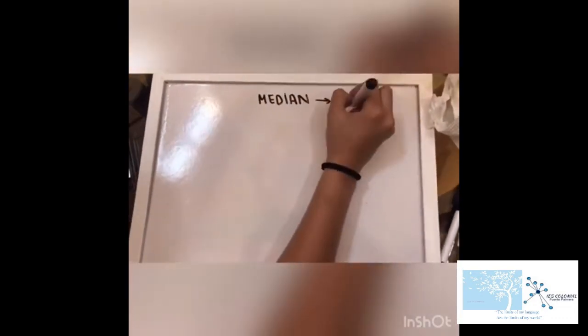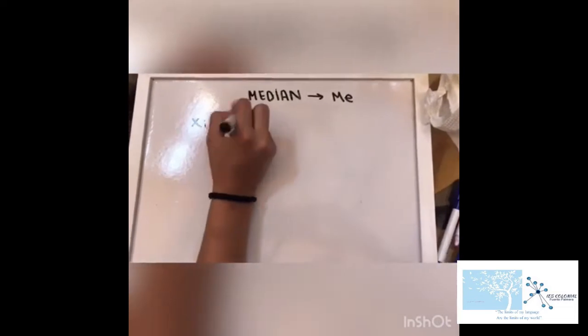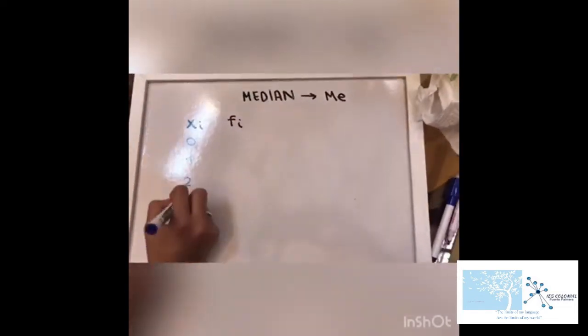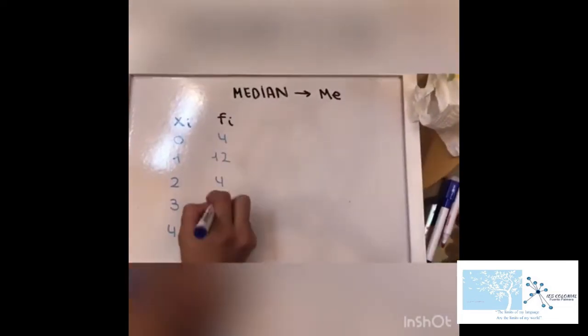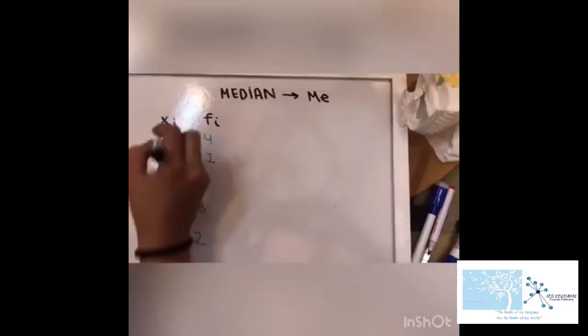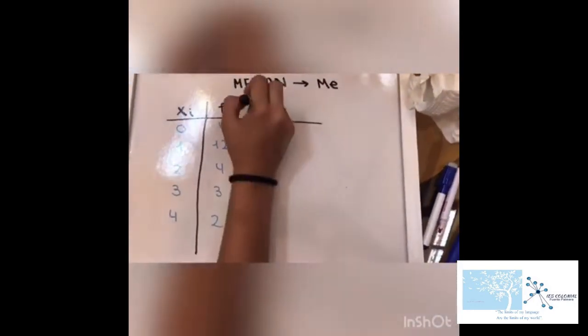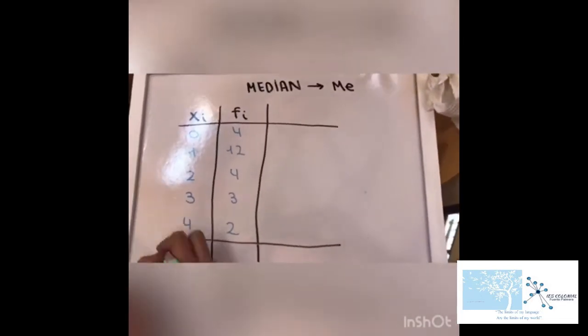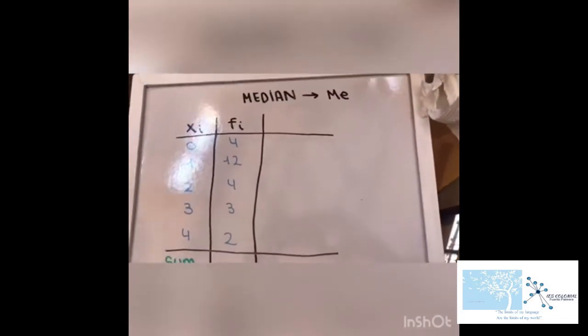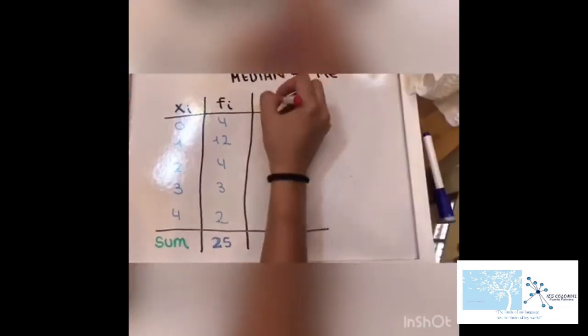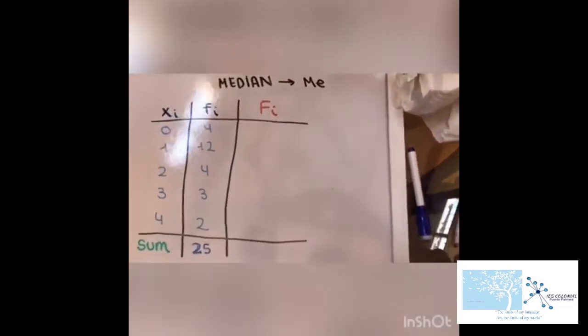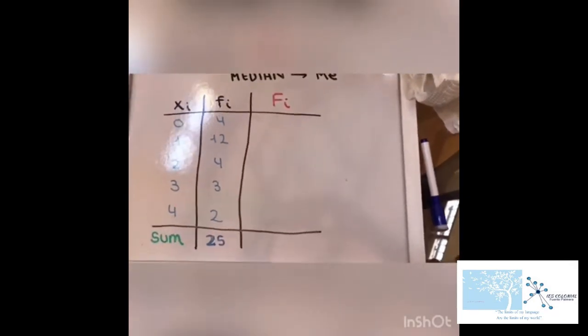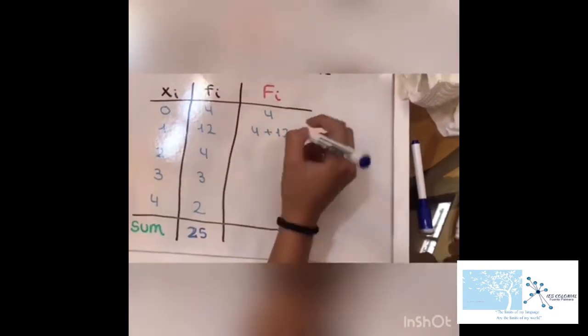Median. The median represents the value of the center position variable in an ordered dataset. It is denoted Me. To calculate it, we have to add a column with the name of capital F i, the accumulated absolute frequency. It is the same frequency above, but, as its name suggests, accumulated.